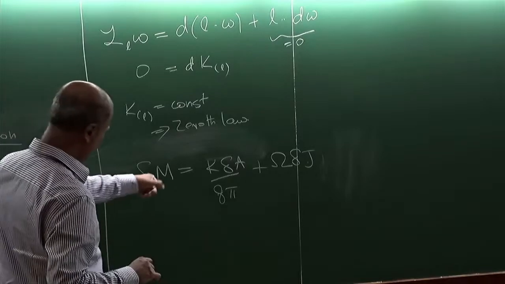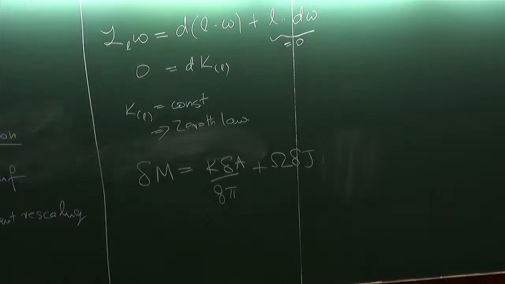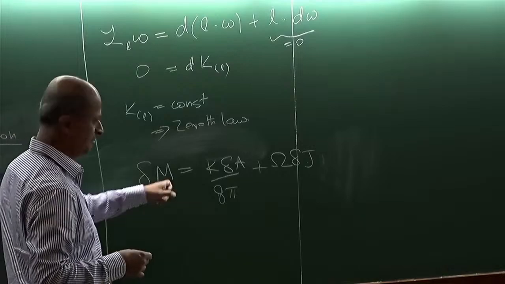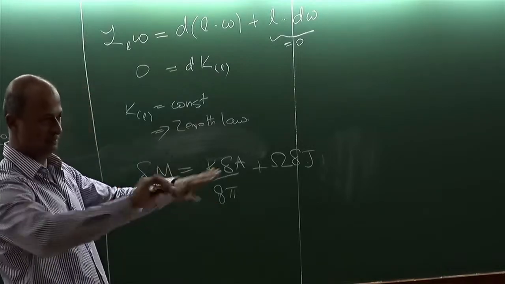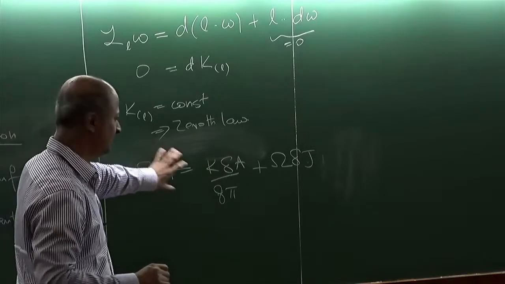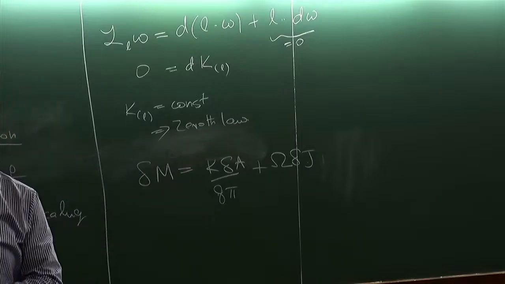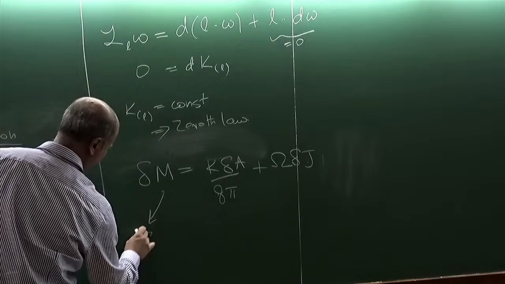Let us now think about what, in the standard formulation, these different quantities are. The first one you see is the mass, and this is taken to be the ADM mass of the black hole. In other words, this is measured far away from the black hole, at infinity.